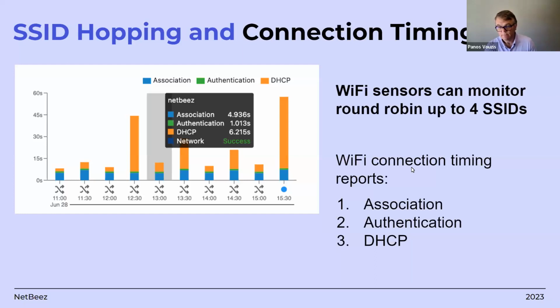For each one of them, it can measure things like association, authentication, and DHCP, so you can understand how long each step takes, and if there's a connectivity problem, where it's coming from. This is also useful because you can test your association, authentication, and DHCP continuously with this continuous connection and disconnection process.